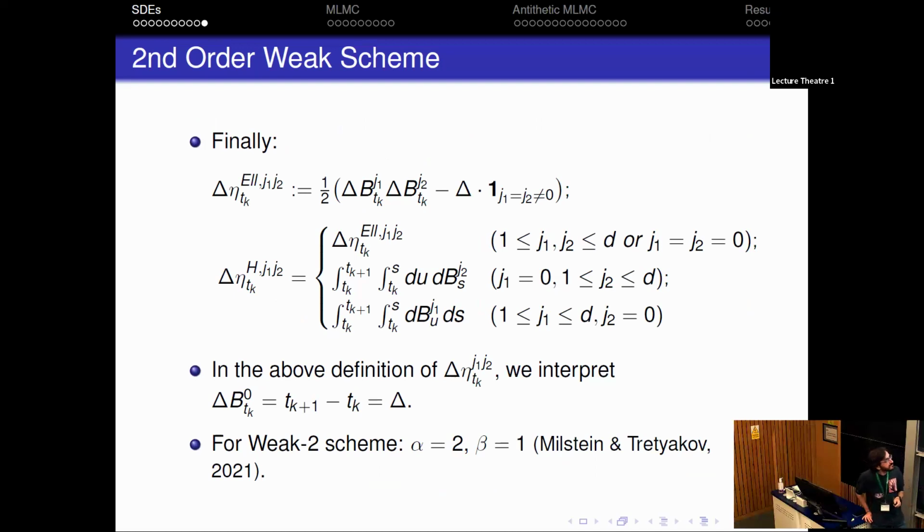If you think in practice about how to simulate such a scheme, there is one Brownian motion that is the original one that comes from the SDE. There is a second independent Brownian motion that this scheme introduces.